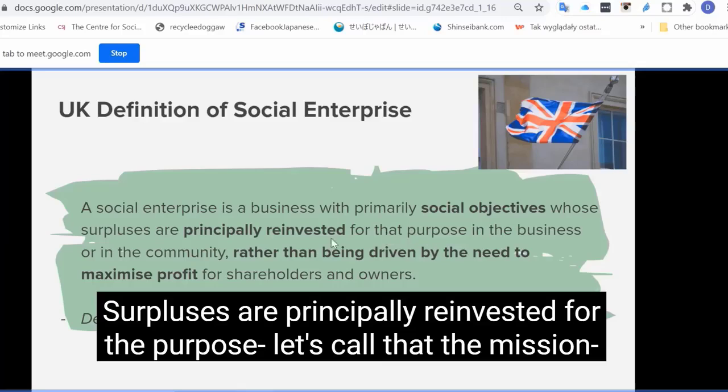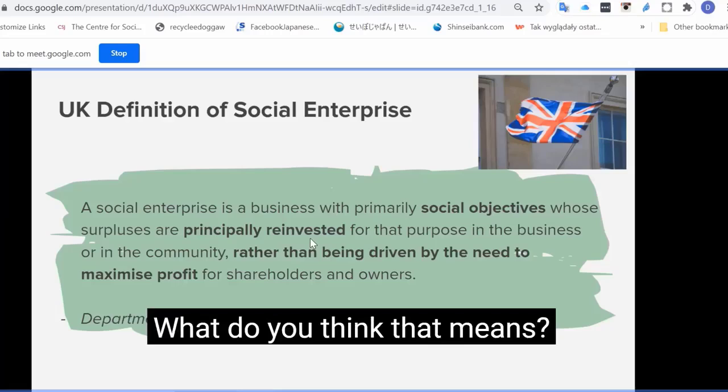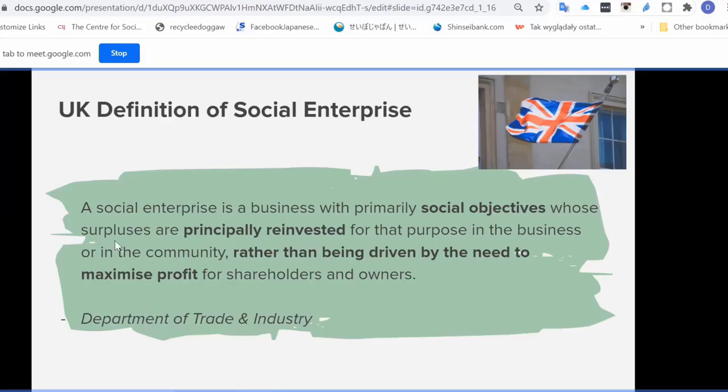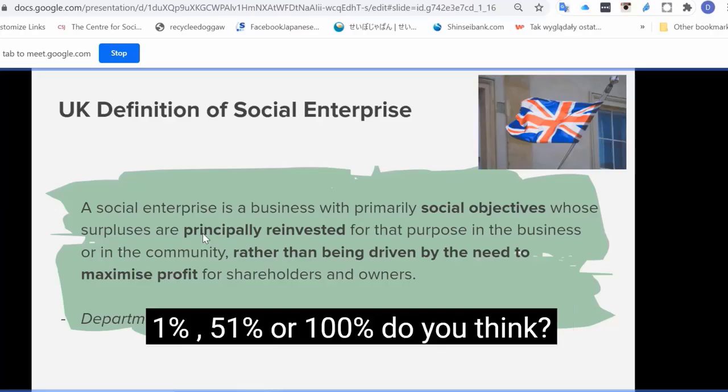Let's call that the mission. Surpluses are principally reinvested. What do you think that means? When we say mainly, if we were to say a percentage, would that be 1%, 51%, or 100%, do you think?